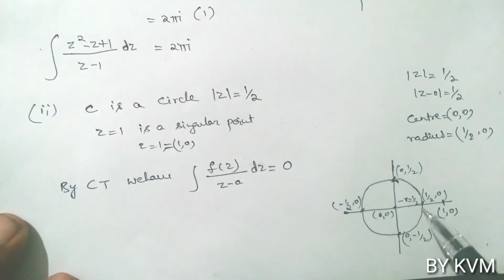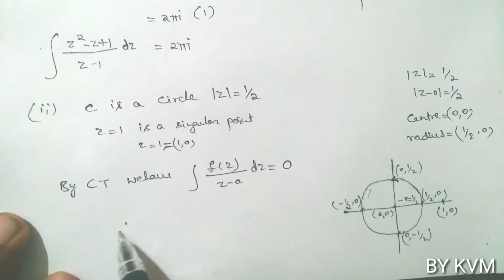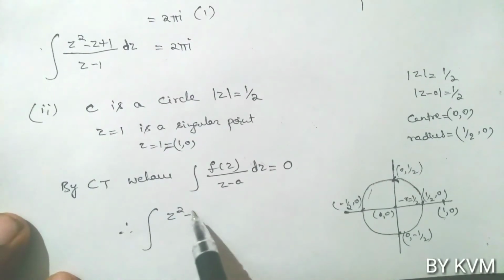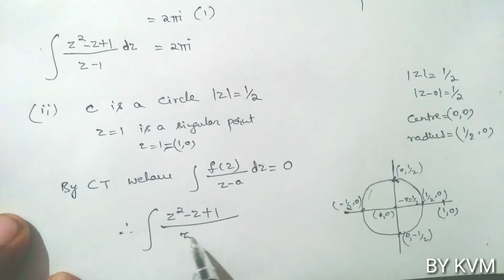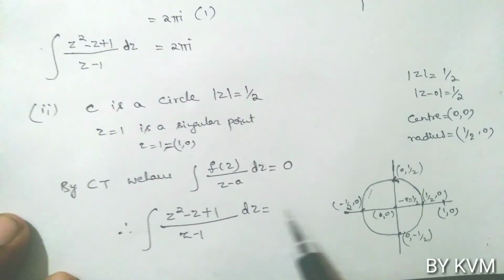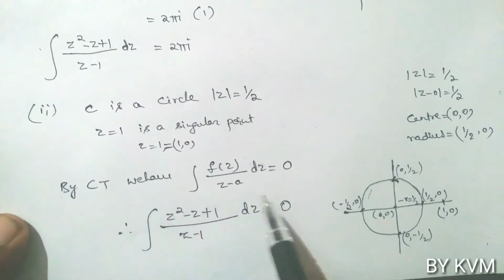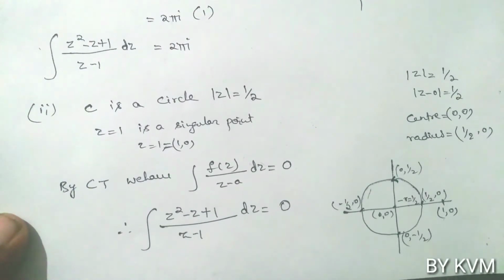So f of z is analytic at each and every point which lies inside the circle as well as on the circle. Therefore the integral of z square minus z plus 1, that is f of z, divided by z minus 1 dz is 0. You can directly put 0.